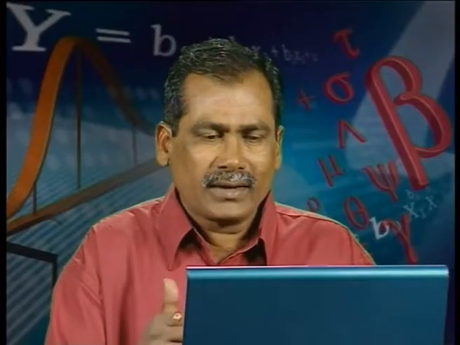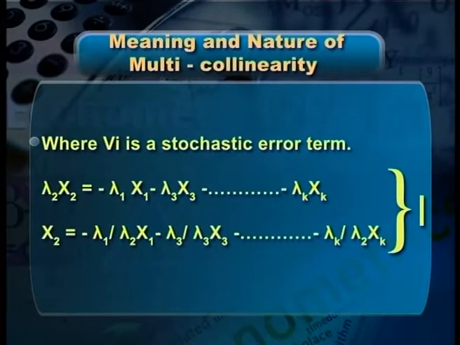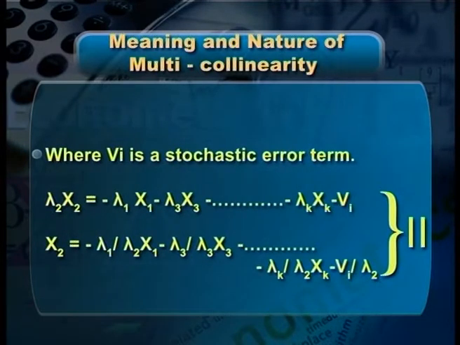By looking at the equations pertaining to cases 1 and 2, we can see the difference between perfect multicollinearity and less than perfect multicollinearity. Case 1 reflects perfect multicollinearity, whereas case 2 reflects less than perfect multicollinearity.